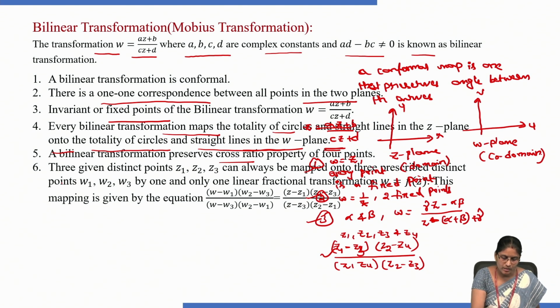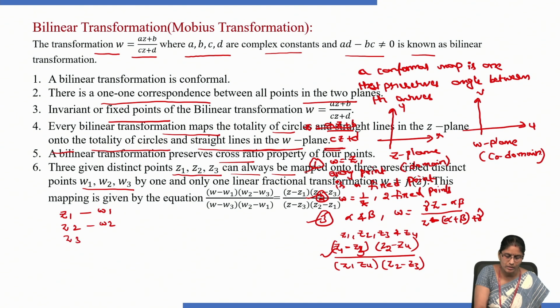Next, another property is 3 given distinct points Z1, Z2 and Z3 can always be mapped onto 3 distinct points W1, W2 and W3. Z1 mapped to W1, Z2 mapped to W2, Z3 mapped to W3 by one and only one linear fractional transformation W is equal to f of z.